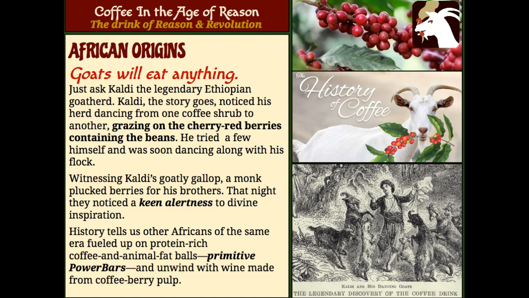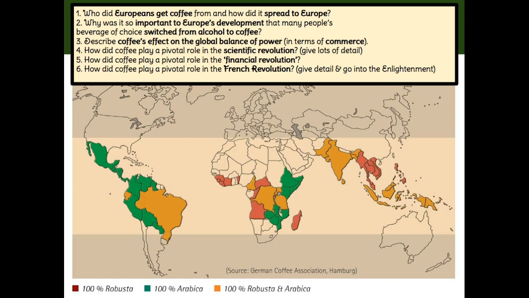History tells us that Africans in general used coffee and animal fat as kind of primitive power bars in order to gain energy, and then they unwind with wine that's made from the coffee berry pulp. So we see this historically, and this legend again being African origin. It is just a story, so it's hard to say what's true, but this is where the coffee bean was first discovered.